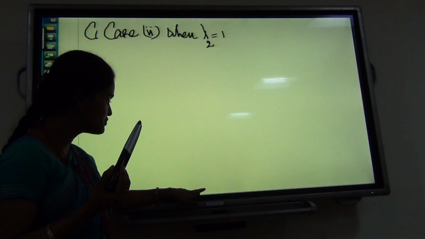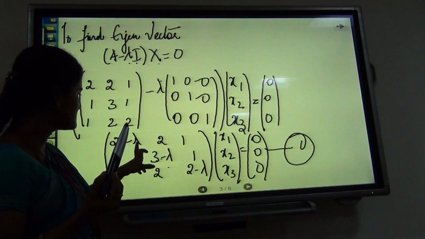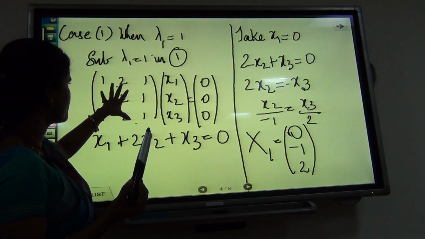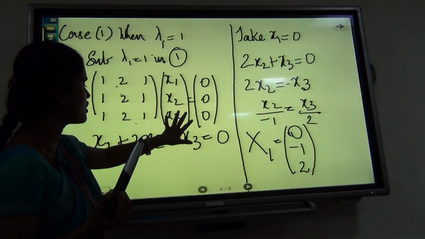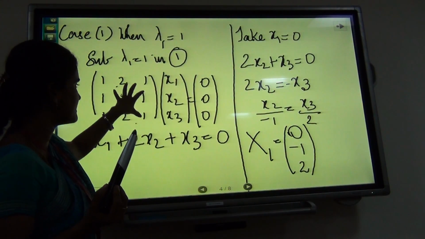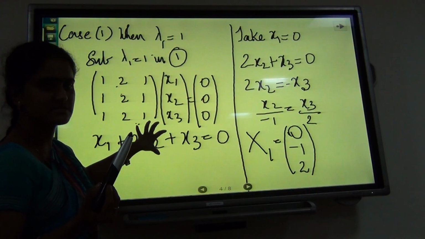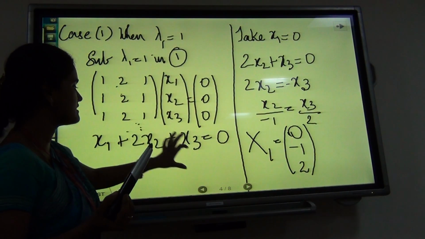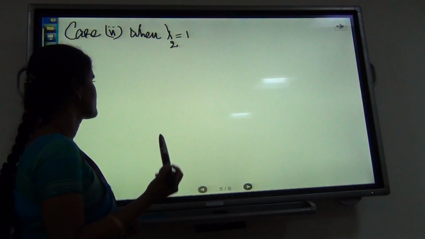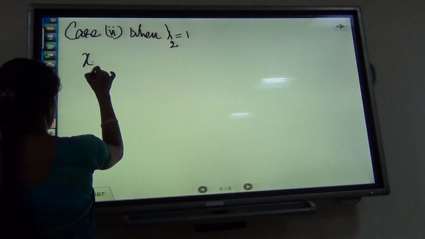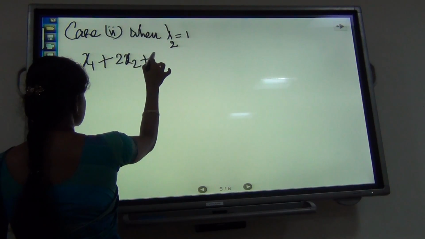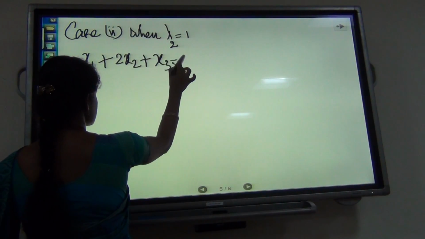As you substitute lambda here, you get the same matrix multiplied with a column vector producing 3 identical equations, which we consider as 1. So this could be our equation as a result. You will get x1 plus 2x2 plus x3 is equal to 0.